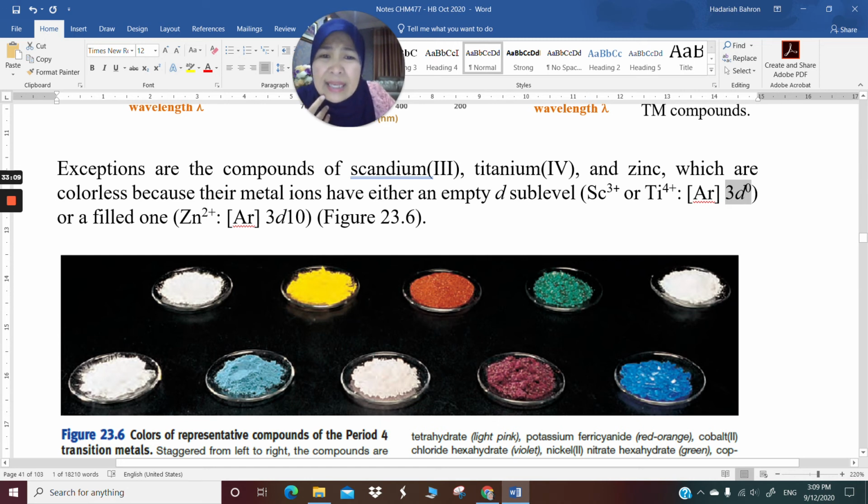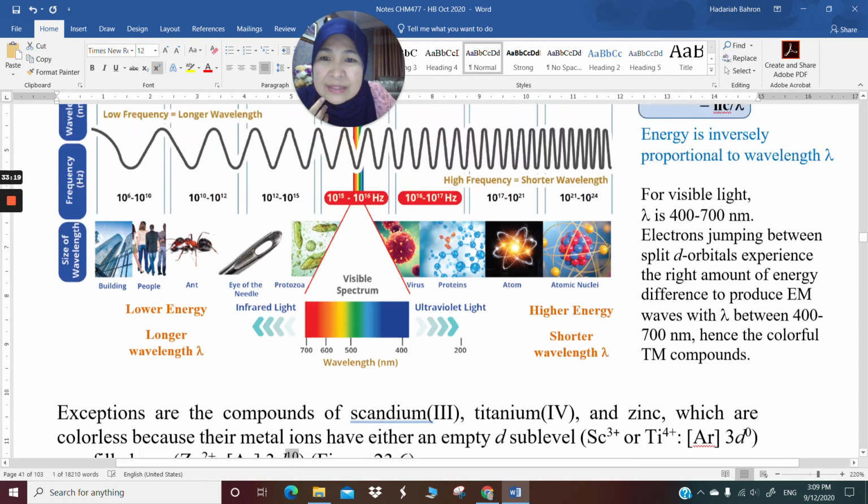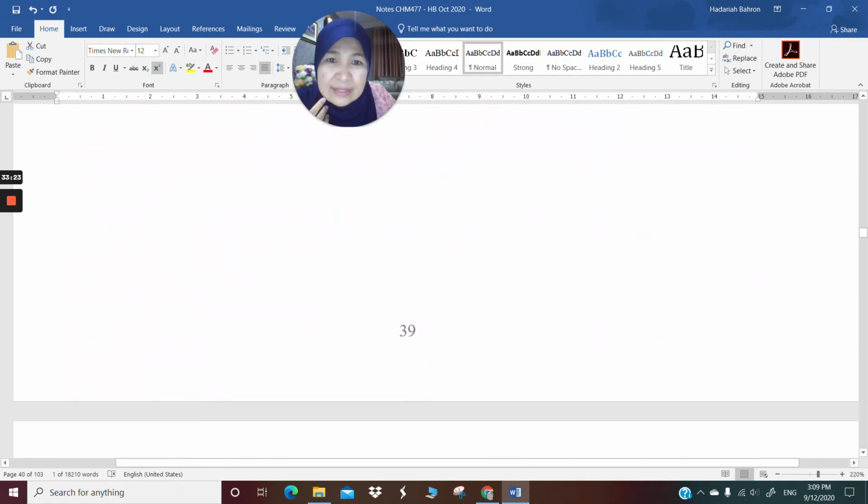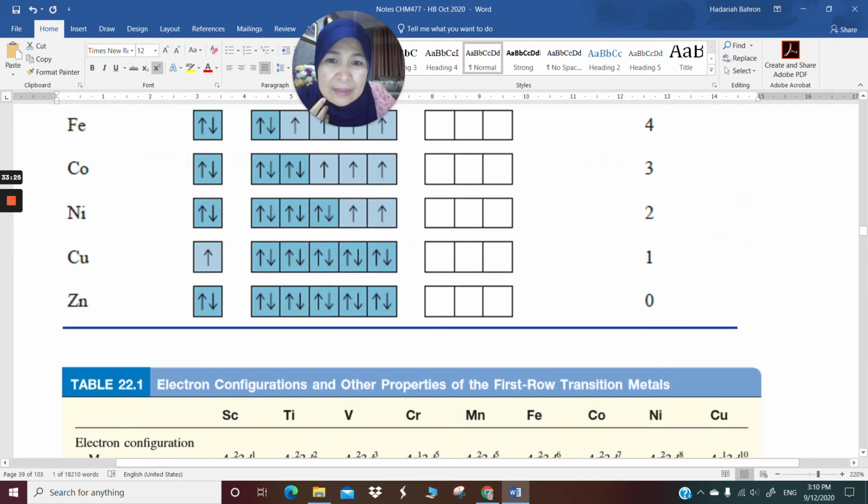Or either they are empty or they are full. Full is in the case of zinc, because zinc will have 3d10. When zinc has lost 2 of these electrons, it's going to be left with 3d10.